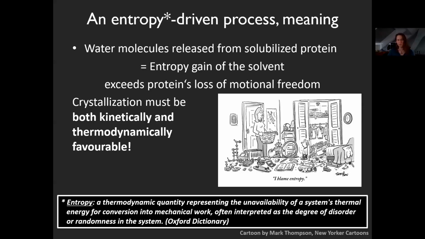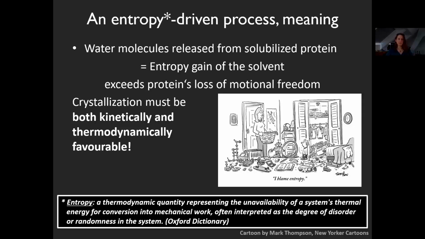When I was a student myself, this confused me to no end. I did really not understand how an orderly crystal and its formation can be an entropy-driven process. And the secret is all in the water on the surface of the protein. So the water gets free, and that's where all the entropy comes from.